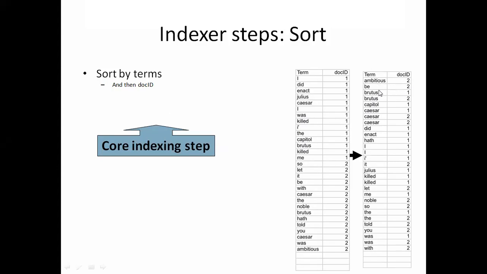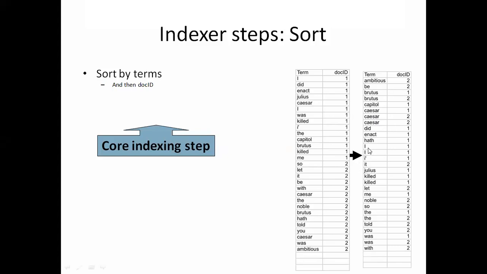Similarly for B, Brutus: first we get Brutus from document ID 1, so Brutus 1. Again we get Brutus from document ID 2. Caesar is also the same: first from document ID 1, and after that from document ID 2. So that's why we have written 1, 2.